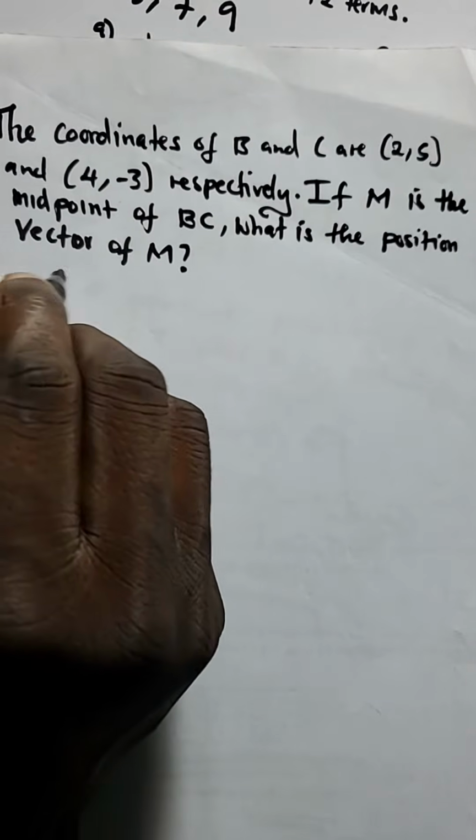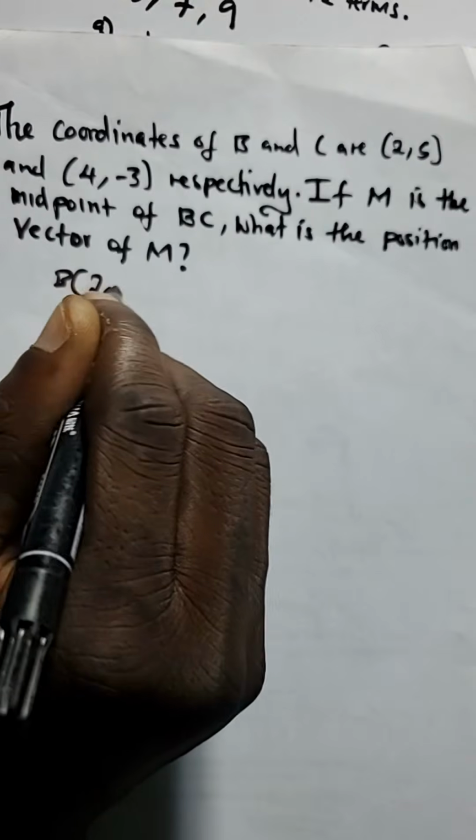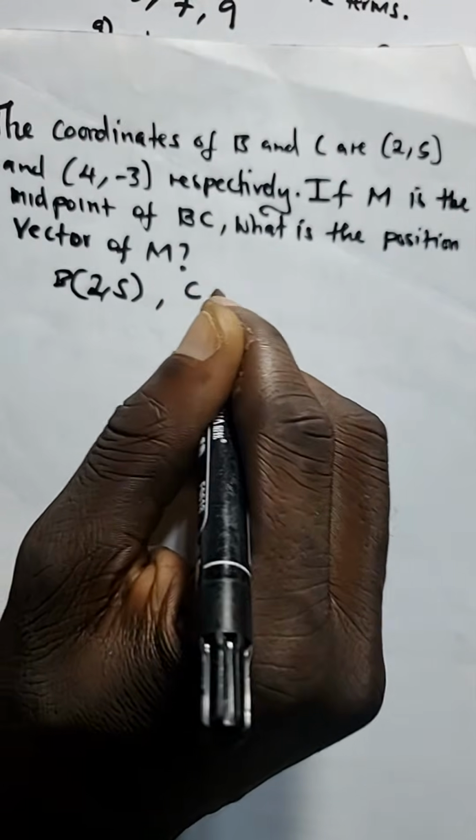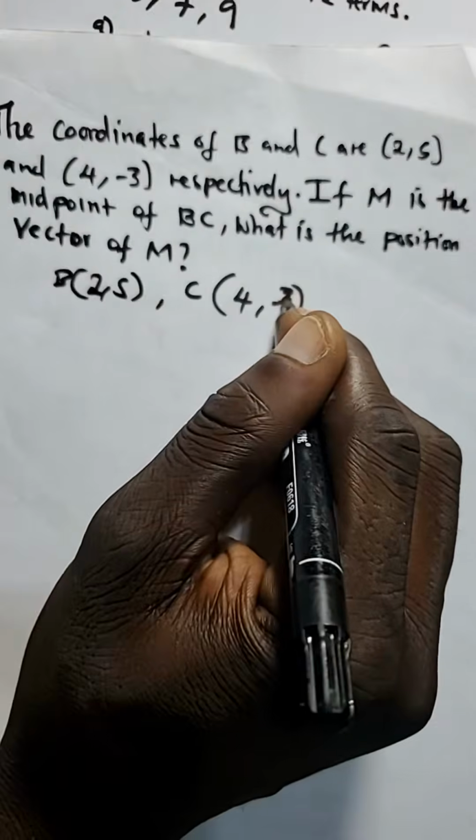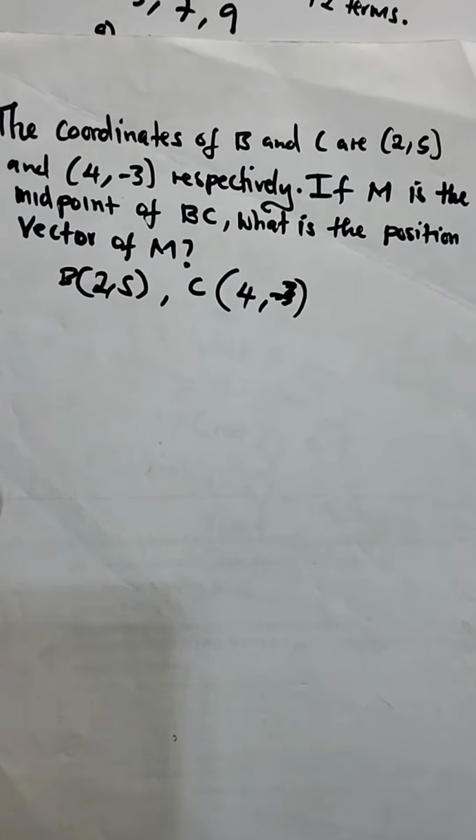You're given the coordinates of B as (2, 5). I hope it's visible. Then we've also been given the coordinates of C, (4, -3). Yes, -3. That's what we've been given.